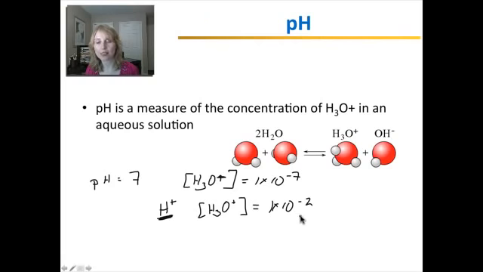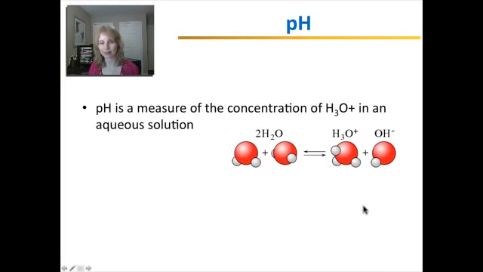Notice that 1 × 10⁻² is a bigger number than 1 × 10⁻⁷. It's a greater concentration of hydronium ions, and this gives me a pH of 2. So pH always reflects the concentration of hydronium ions.